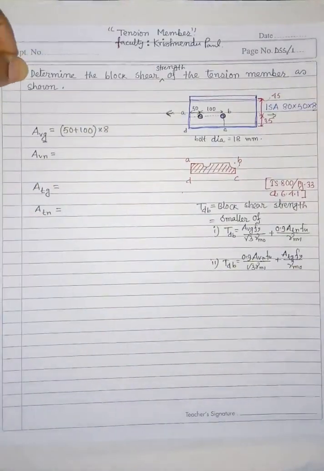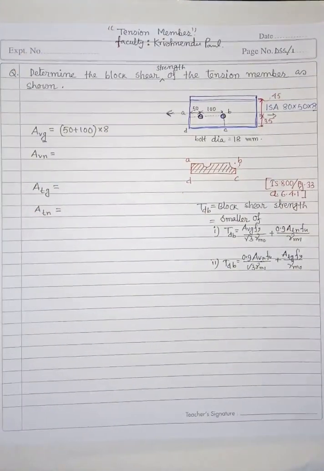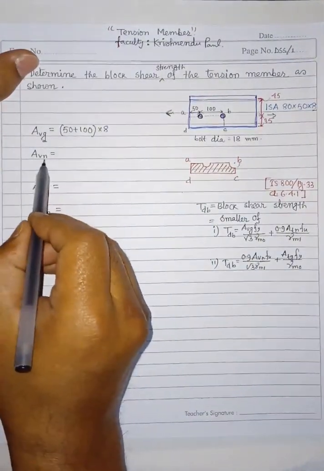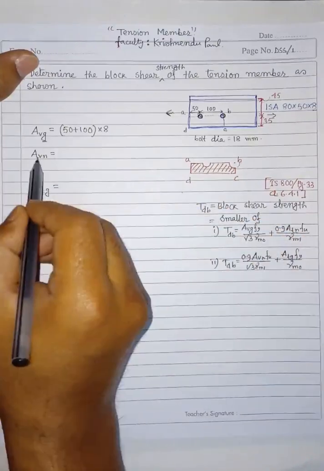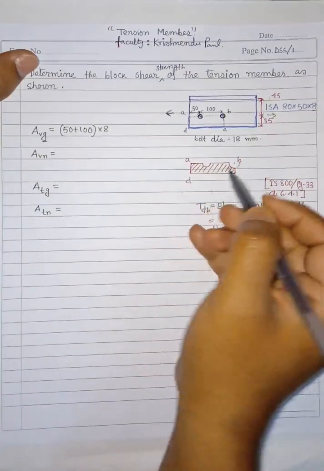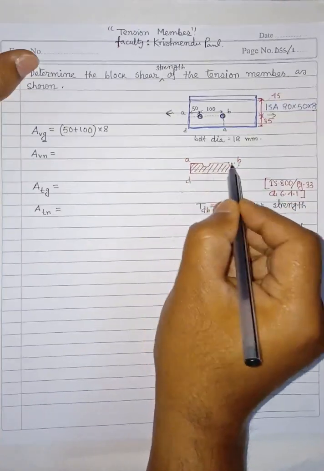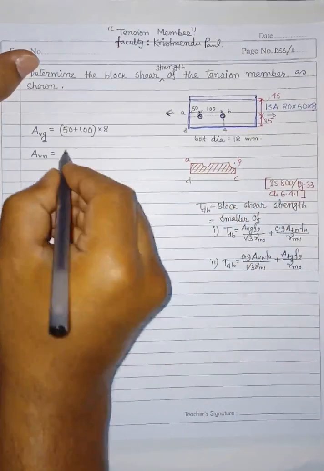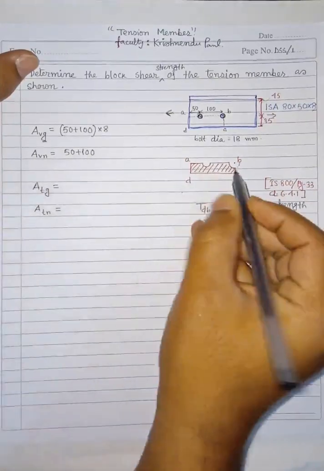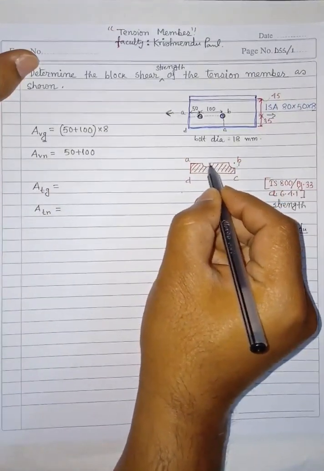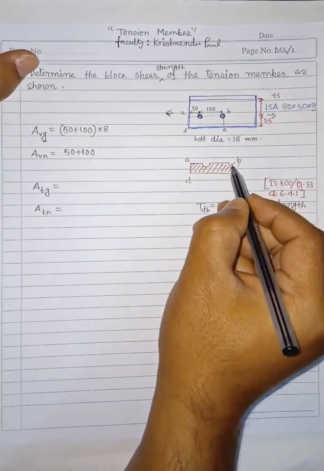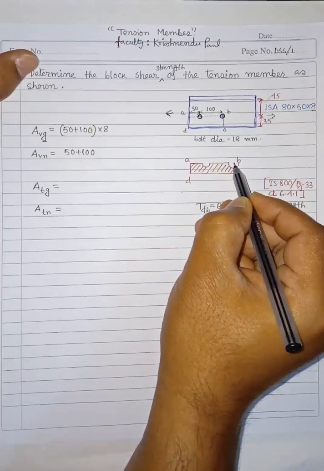Then Avn, so the net area in shear. That means in this Avn part, you have to deduct these holes. From this point to this point it is 50 plus 100, so you have to deduct one whole hole diameter, and from this point to this point it is half of the diameter.